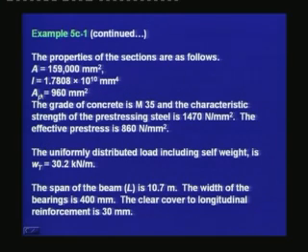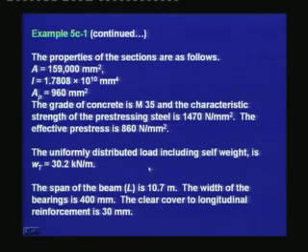The area of the prestressing steel is 960 millimeter square. The grade of concrete is M35, and the characteristic strength of the prestressing steel FPK is 1470 Newton per millimeter square. The effective prestress FPE is 860 Newton per millimeter square.